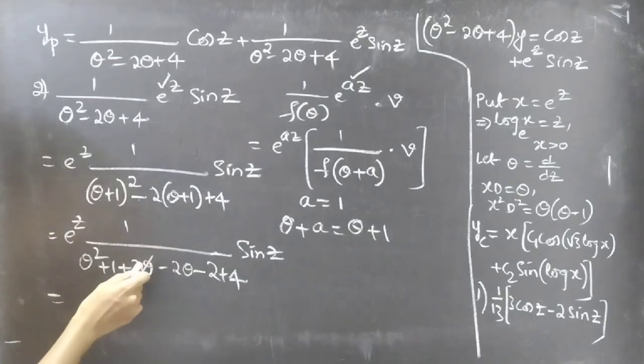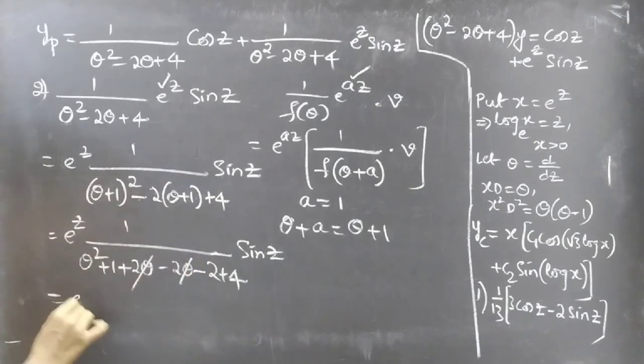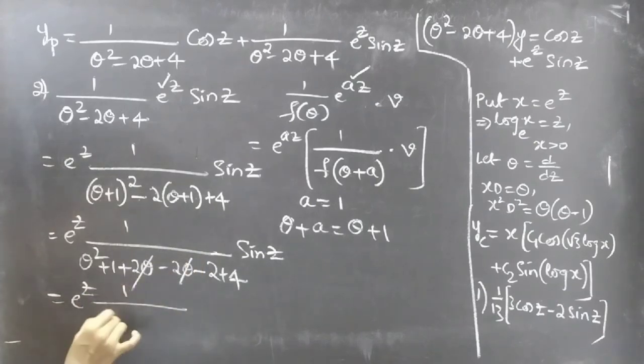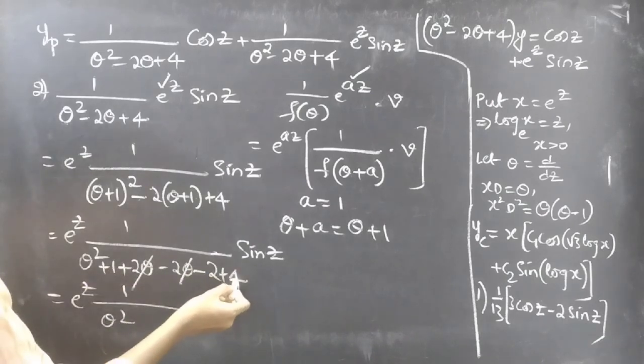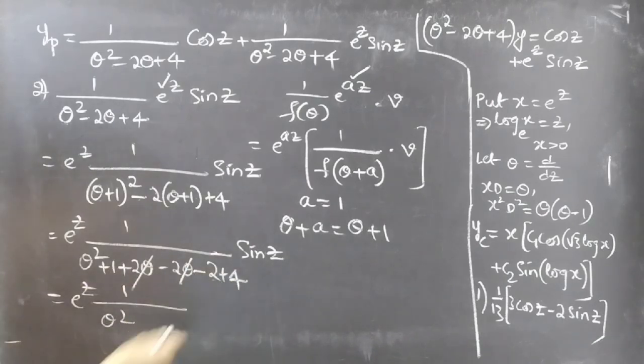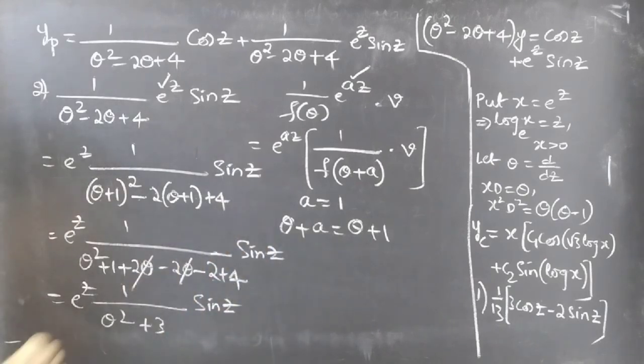Now in the denominator, plus 2 theta minus 2 theta gets cancelled. We'll get e power z into 1 by theta square plus 1 plus 4, minus 2, which is plus 3. We'll get theta square plus 3 into sine z, right?